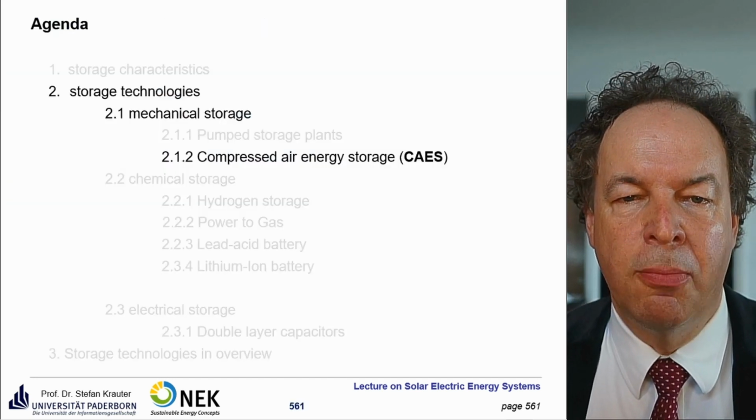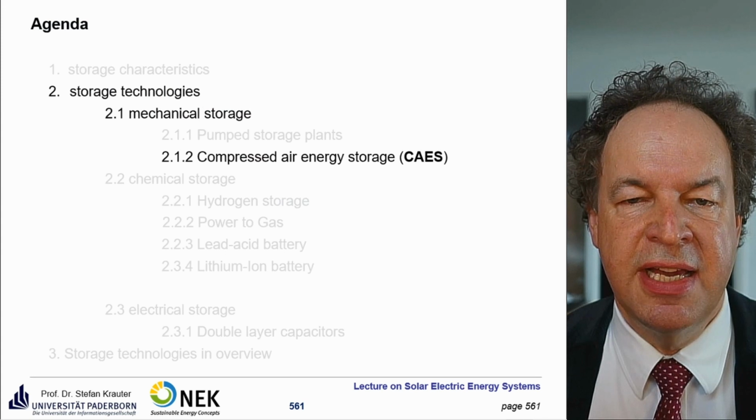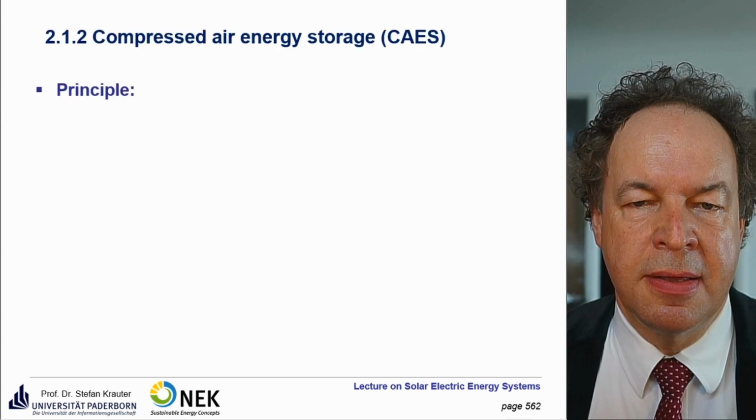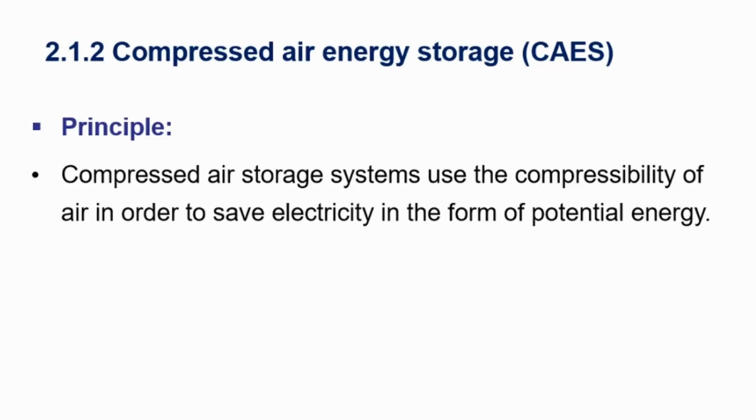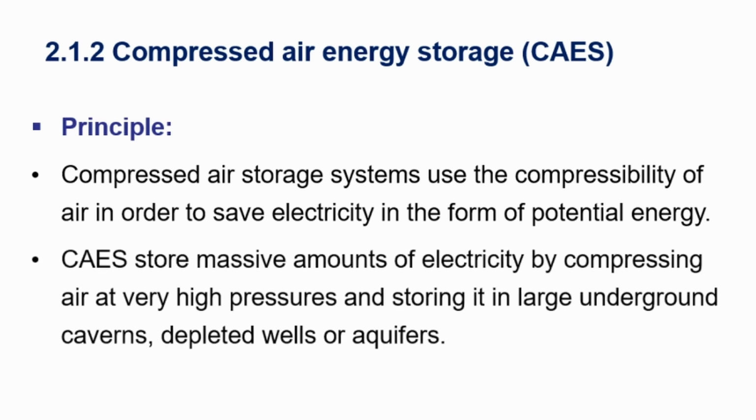Come now to the compressed air storage, CAES. The principle is you compress air during periods of high availability of electricity, and you release it through an air turbine during periods of low availability.